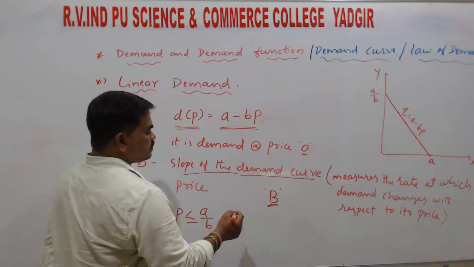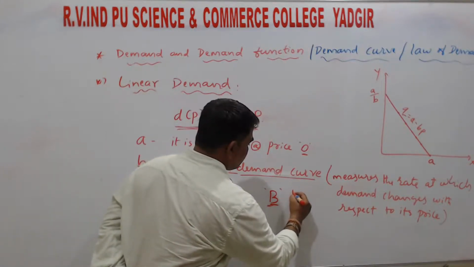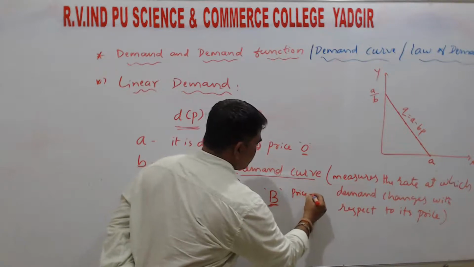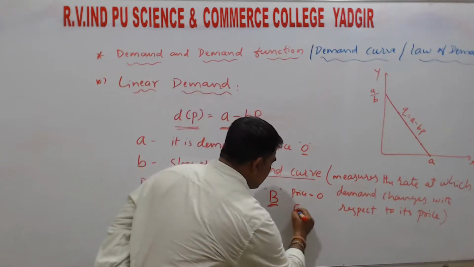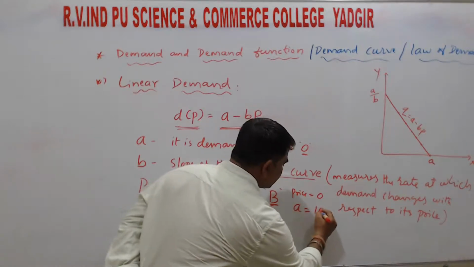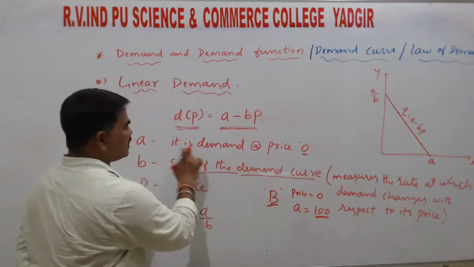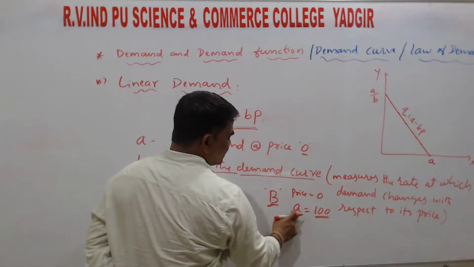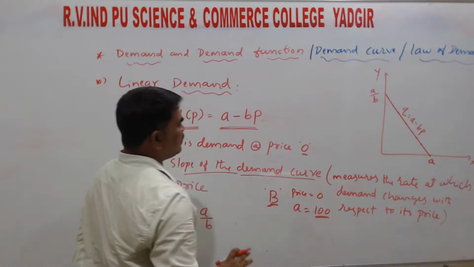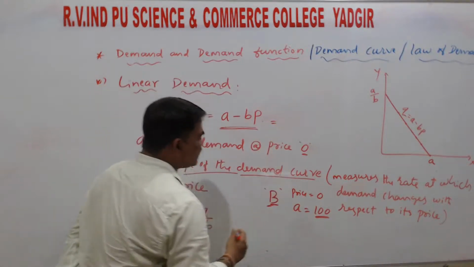So here at price 0, what is the demand for banana? For example, I can say 100. This is an assumption. As I said, this is demand at price 0. If the banana price is 0, the demand is 100. And what is the rate?